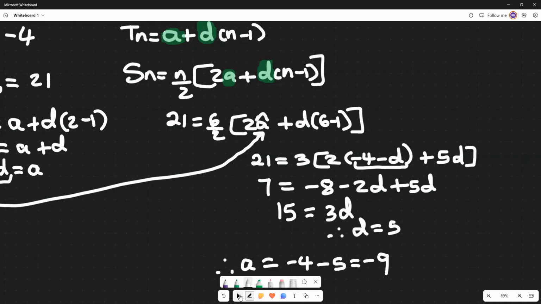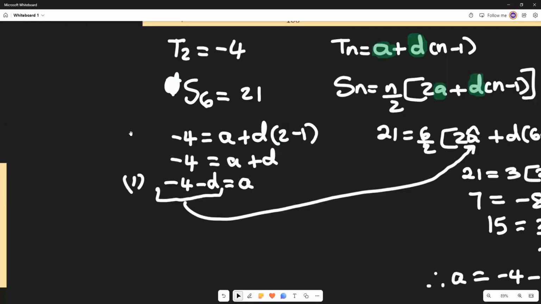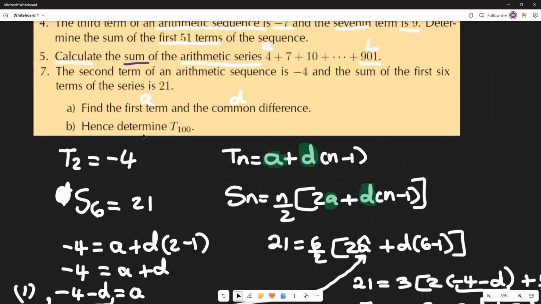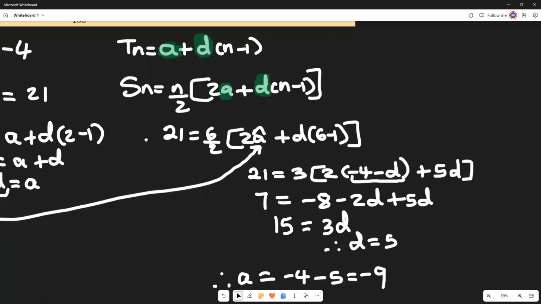Now we can answer the second question. They want T100. We're going to use this formula. T100: remember, my a was -9 and my d was 5.